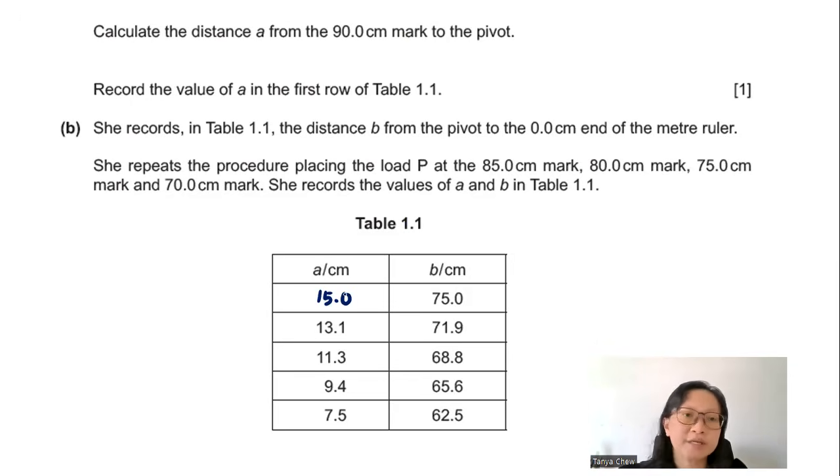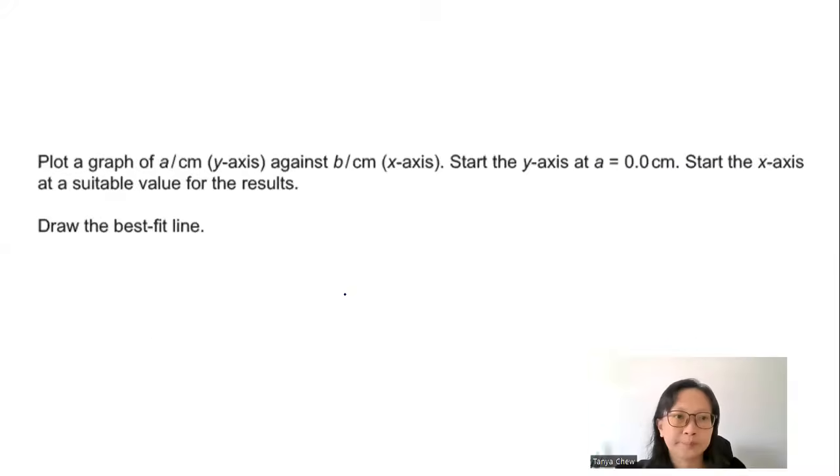B, she records in table 1.1 the distance B from the pivot to the 0.0 cm end of the meter ruler. She repeats the procedure, placing the load P at the 85 cm mark, 80 cm mark, 75 cm mark, and 70 cm mark. She records the values of A and B in table 1.1.